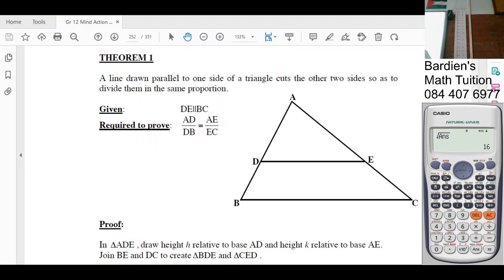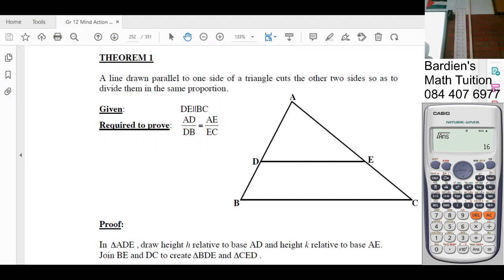So we start with a construction. You're going to construct perpendicular heights.